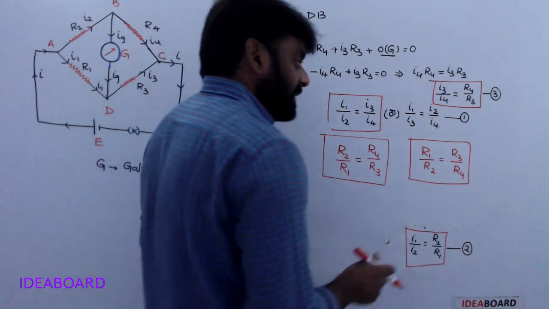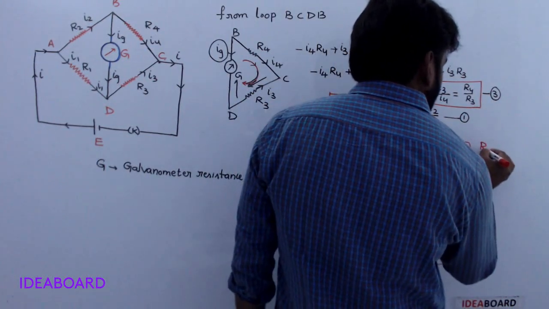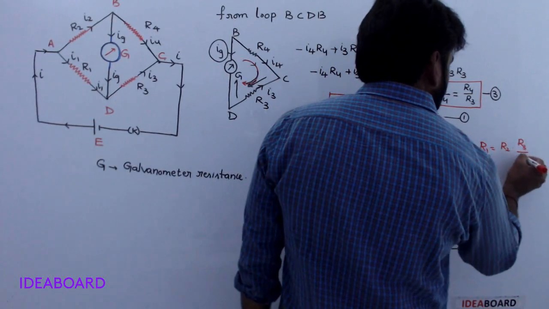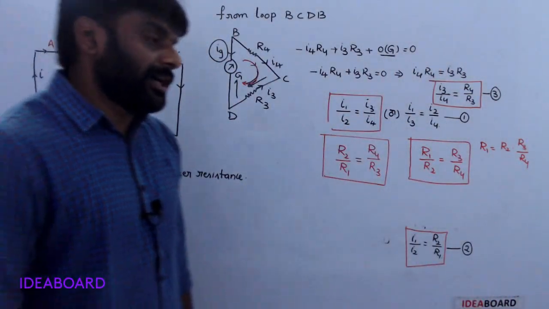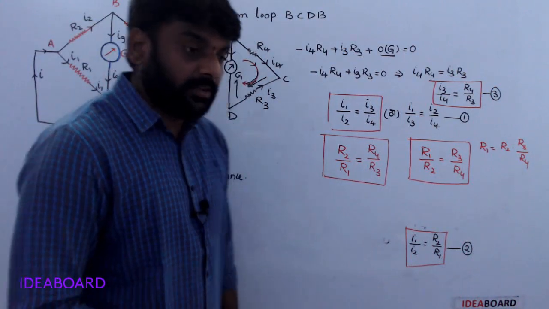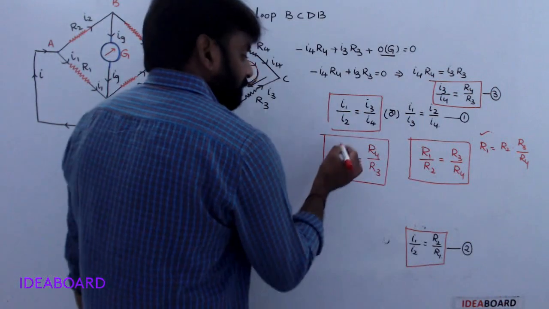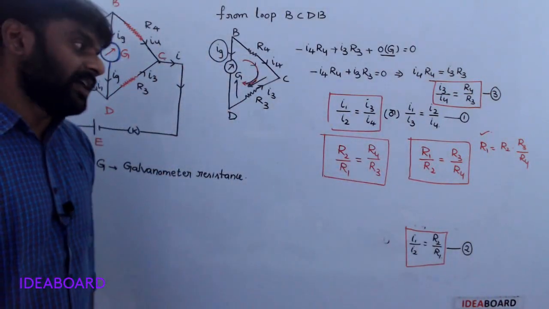For example, if you don't know R1, write R1 is equal to R2 into R3 by R4. It is very important. In balancing condition, simply R1 by R2 is equal to R3 by R4.